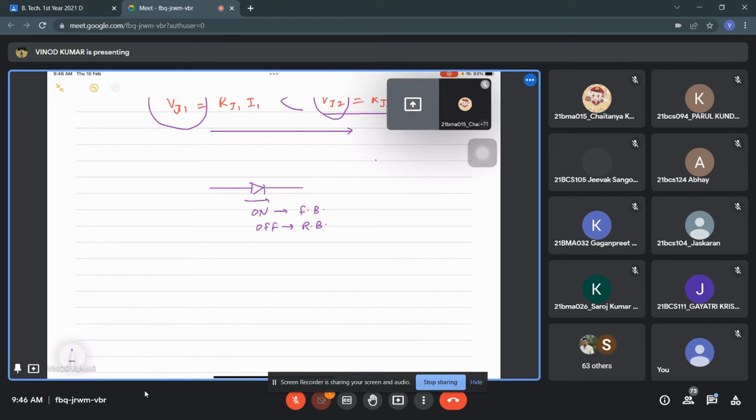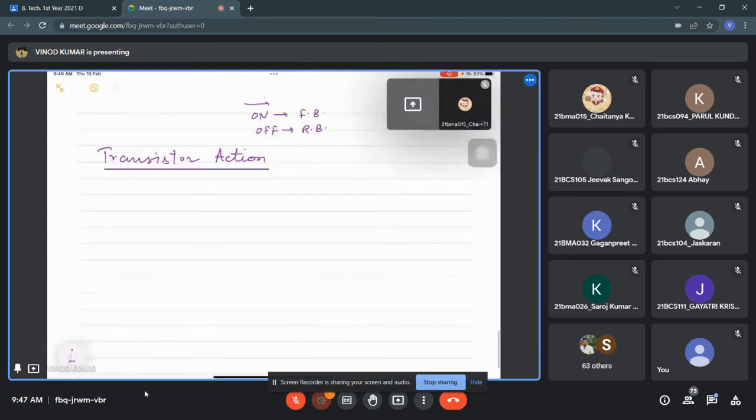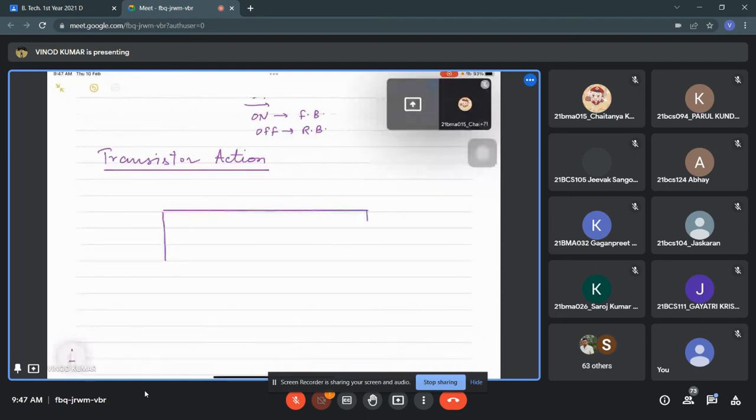We'll see how it is going to work, like before, although now we talk about transistor action. So we know that this is, suppose, a transistor.